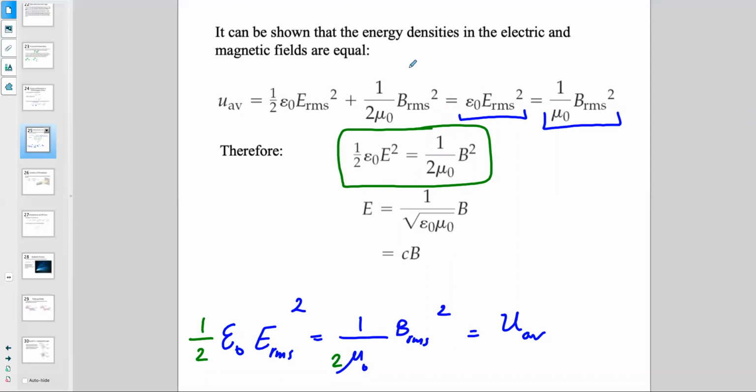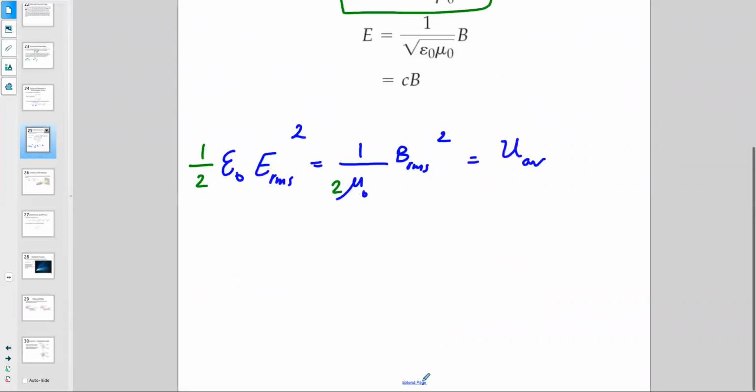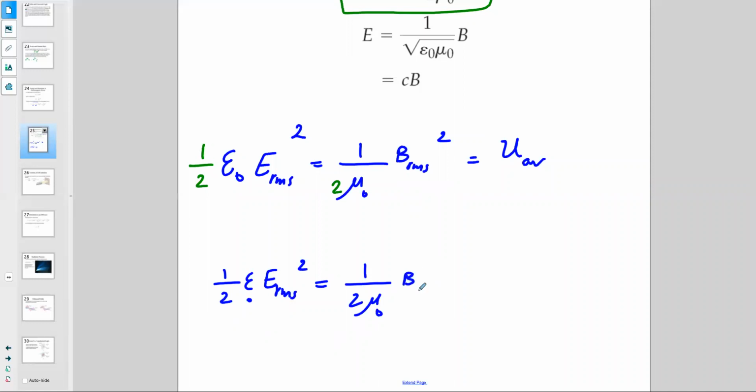And then what we can write is this: 1 over 2 epsilon 0 E RMS to the power of 2 being equal to 1 over 2 mu 0 B RMS to the power of 2.